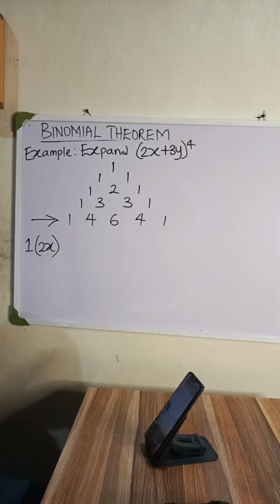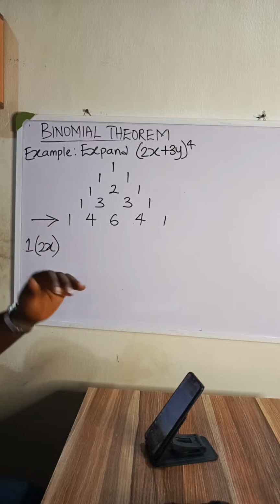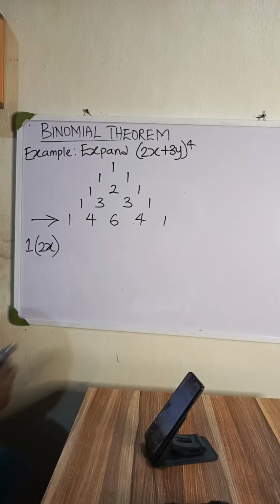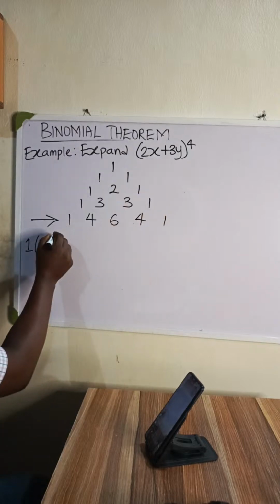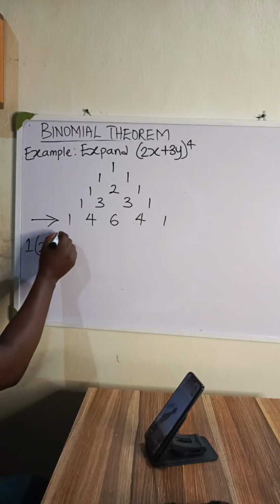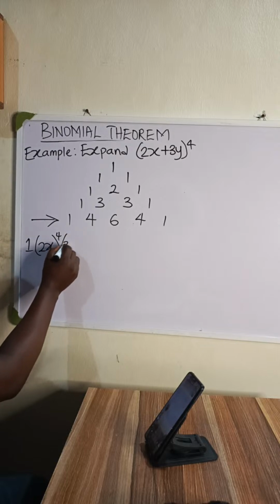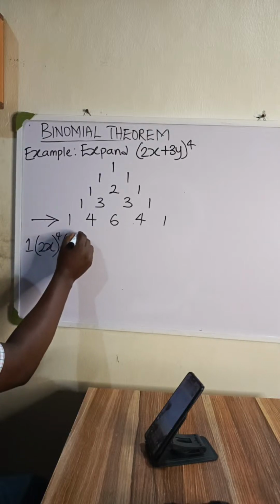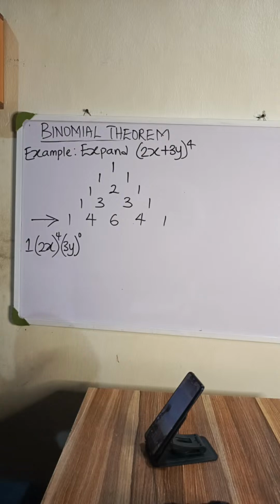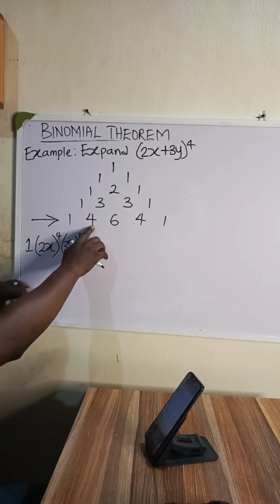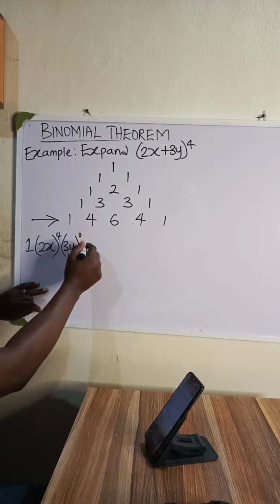The exponent of 2x is going to be maximum, while the exponent of 3y is going to be minimum. So the maximum exponent is 4. So the exponent of 2x is going to be 4, while the exponent of 3y is going to be 0, from what we've learned before. Okay? Then we go to this part where our coefficient is 4. So plus 4.